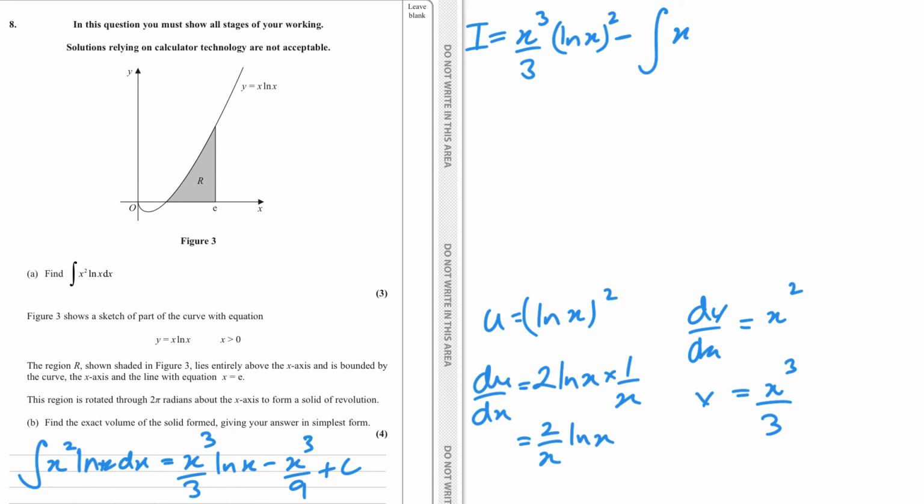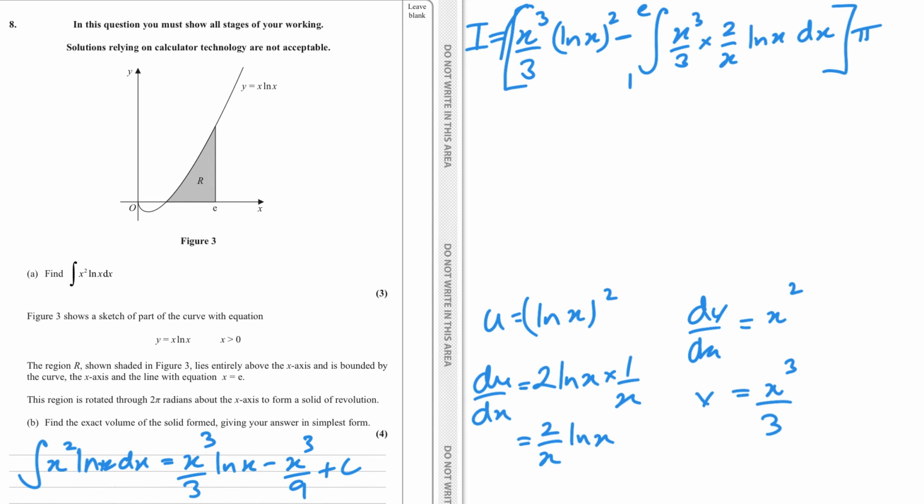So that is x cubed over 3 times 2 over x ln x dx. And of course, all of this, don't forget, is multiplied by pi. We mustn't forget that pi, and we mustn't forget the limits are between e and 1 on all of this.